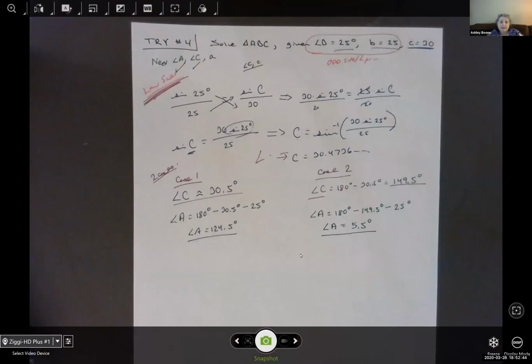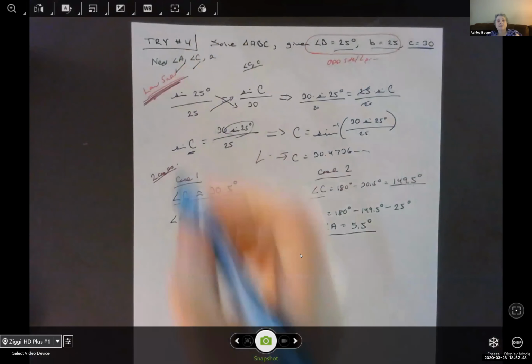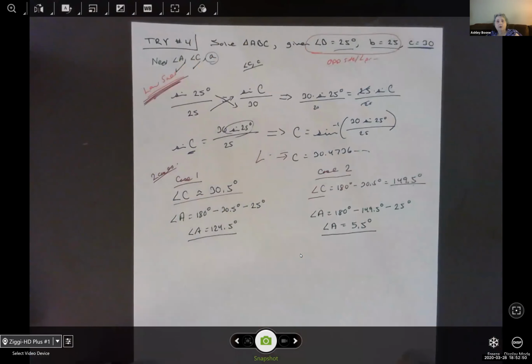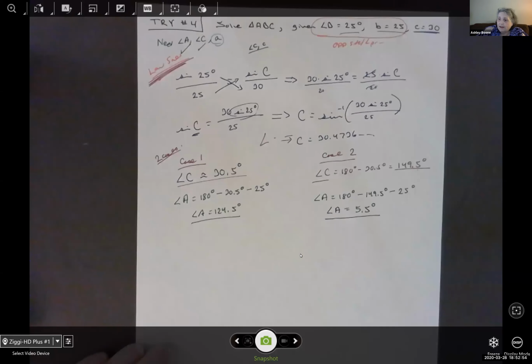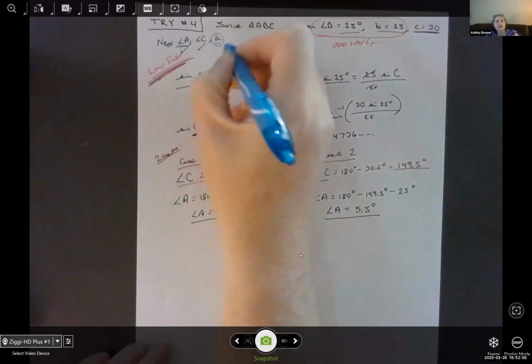And then finally, you need to find side A for these. So what are we going to need for side A? We're going to need angle A so that we can have a ratio for the A's.